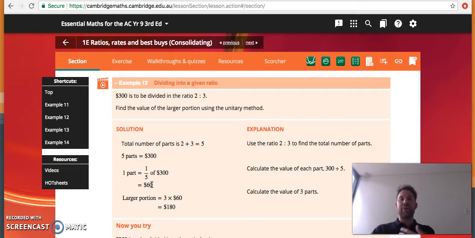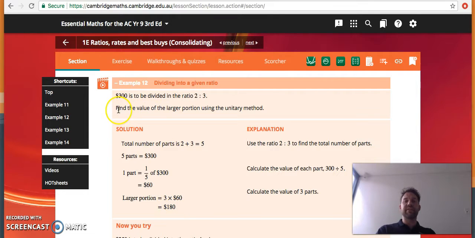So if you were getting one part of this, you'd get $60. Someone's getting 2 parts, so 2 times 60 is 120. And the 3 parts is 3 times 60, which is 180.